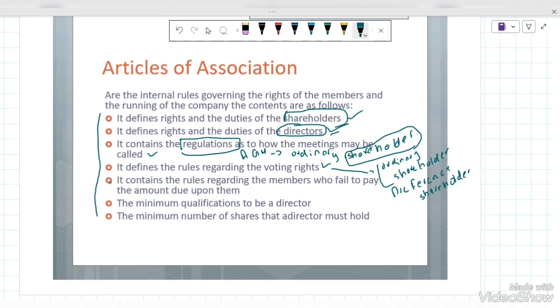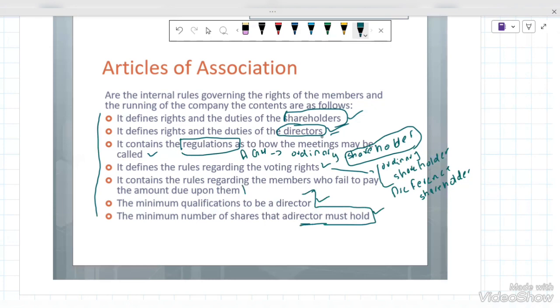And the fifth content is that it contains the rules regarding members who fail to pay the amount due upon them, the minimum qualification to be a director, and the minimum number of shares that a director must hold. These are the basic requirements which have to be fulfilled if someone wants to be a director of the business.